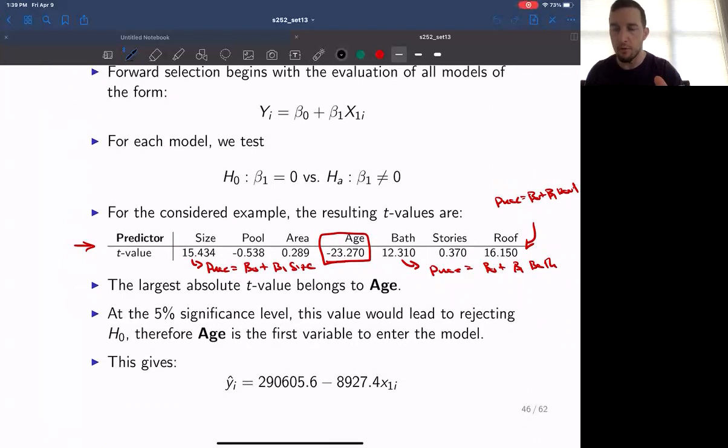So in the table on slide 46 here, these t-values are for 7 different models, right? So for example, I have price, which is yi, is equal to beta 0 plus beta 1 times size. And this is the t-value associated with the coefficient for size. And then in the second slot, I have price is equal to beta 0 plus beta 1 times pool.